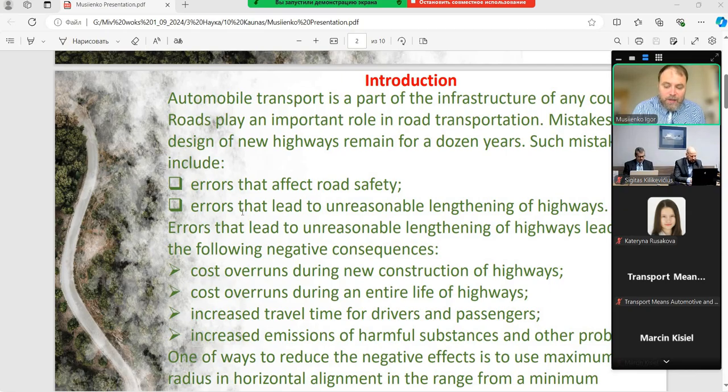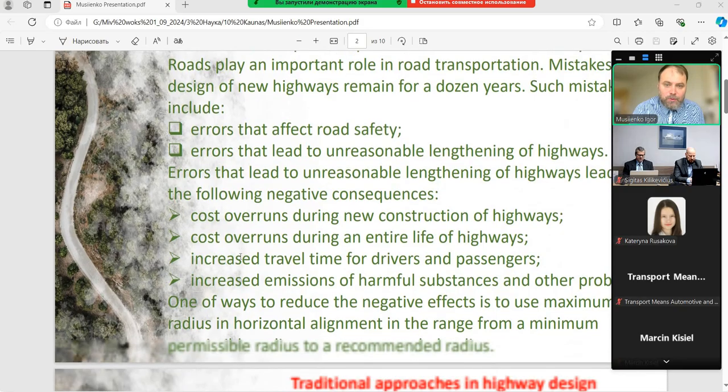By mistakes I mean not using all the possibilities of computer technology. One of the ways to reduce the negative effect is to use the maximum radius in horizontal alignment in the range from a minimum permissible radius to a recommended radius.